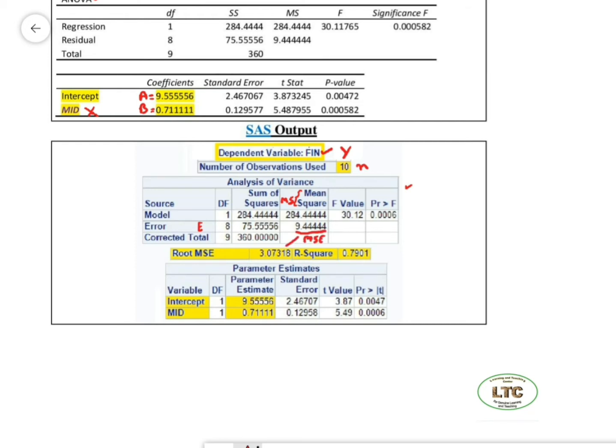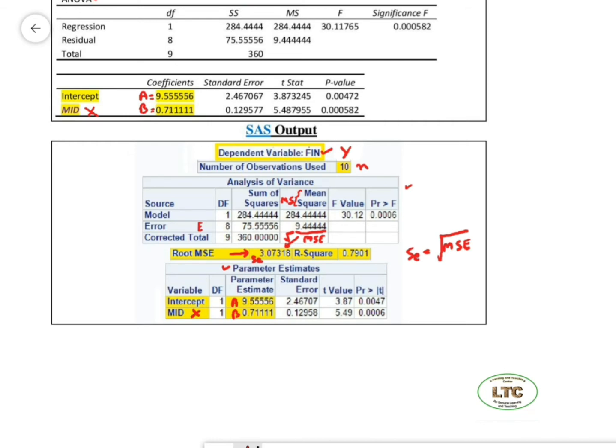If you take the square root, you get square root of MSE, 3.07 something. This is called S sub E. S sub E, the standard error of estimate, is the square root of MSE. For the time being, note this parameter estimate here: intercept, the y-intercept A, and B is here, midterm X is here.